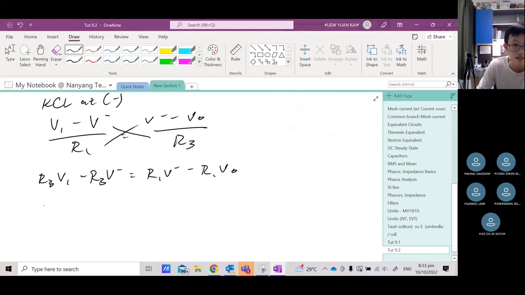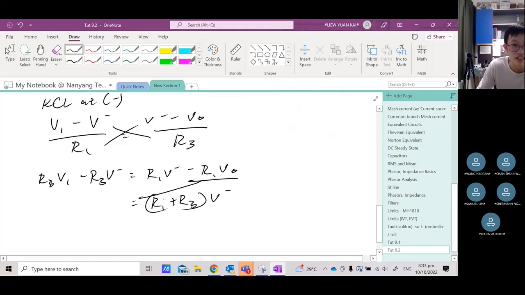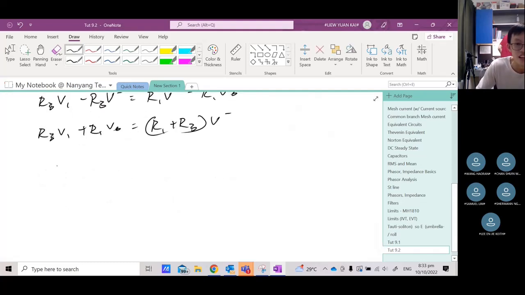Then just collect the terms with V minus: R1 plus R3 times V minus equals R3 V1 plus R1 V out. Then V minus equals R3 V1 plus R1 V out over R1 plus R3. Let me just neaten this. So it's like that.